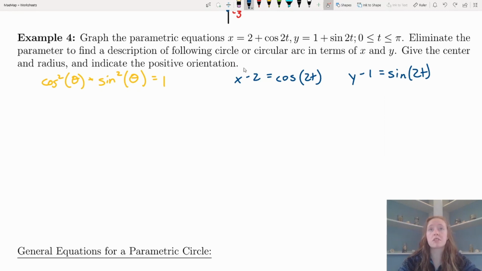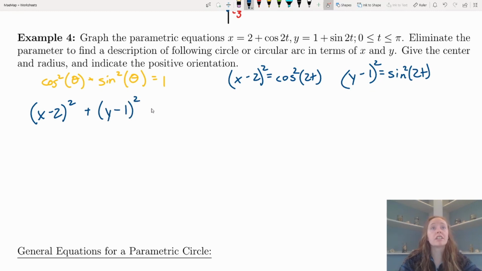I'll square both sides. So this will be x minus 2 squared equals cosine squared of 2t, and y minus 1 squared equals sine squared of 2t. So now that I have a cosine squared and a sine squared, I'll plug those on in. So x minus 2 squared plus y minus 1 squared equals a positive 1.